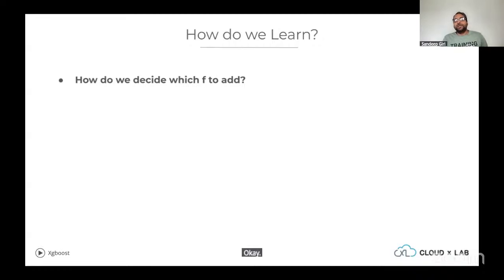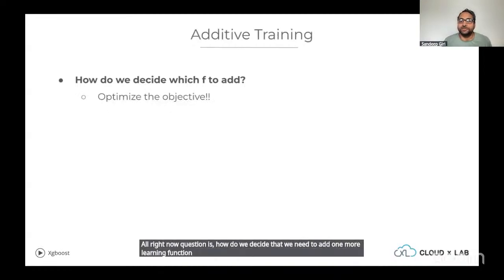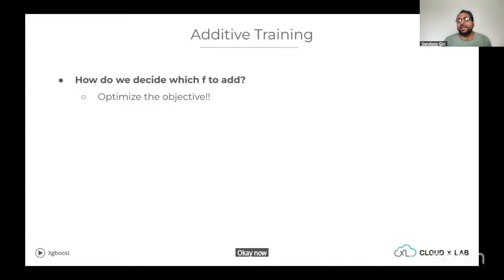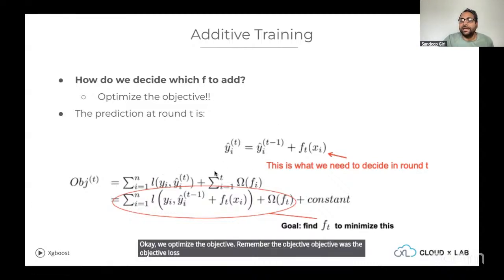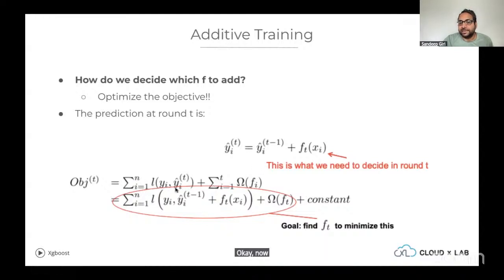Now, the question is, how do we decide that we need to add one more learning function or one more tree? The way we decide is we optimize the objective. Remember the objective? The objective was loss function and number of trees. Now we are basically changing that.